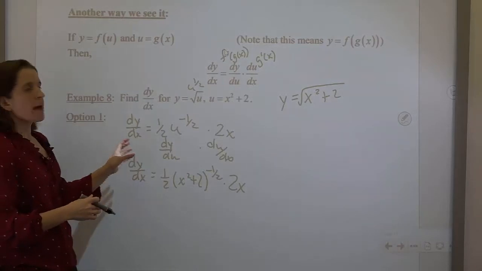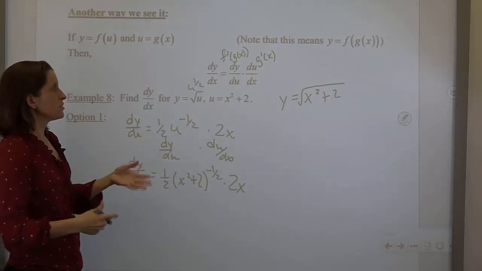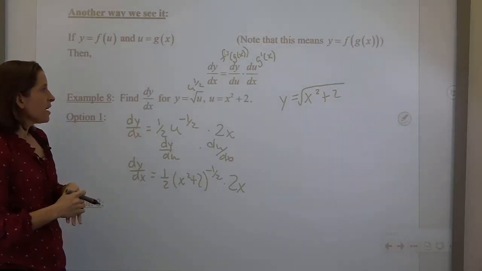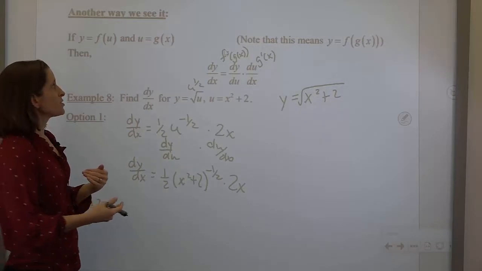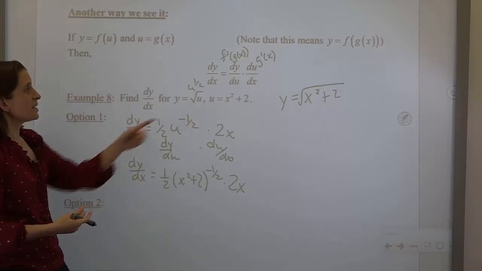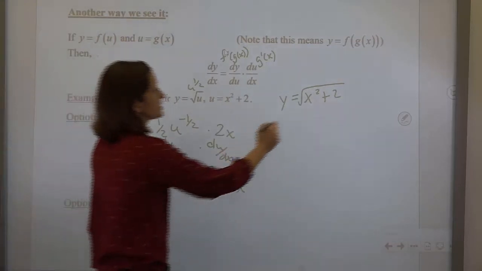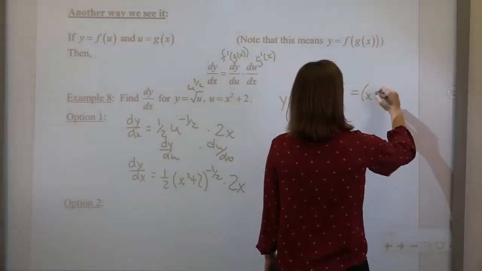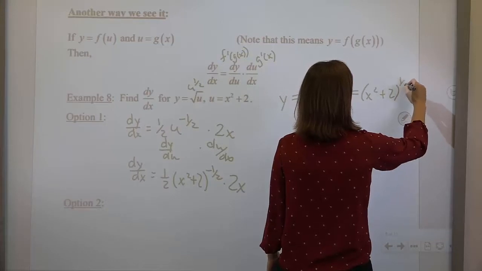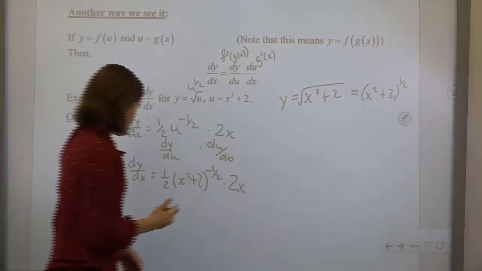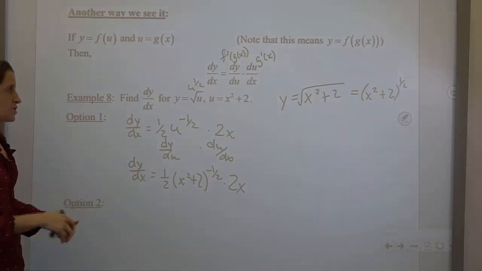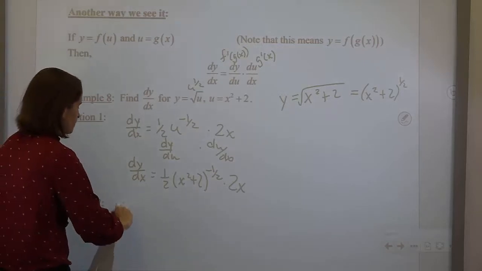So if you've seen that in the past, or if when you're watching other videos you prefer that way, then it's there. To go back to how we've been doing this, because this one happens to apply to the extended power rule, since this is x squared plus 2 to the 1/2, we have just been doing it through our chain all at the same time.